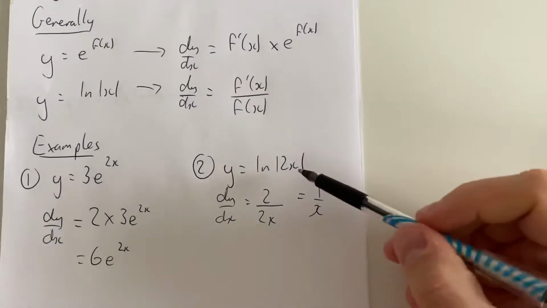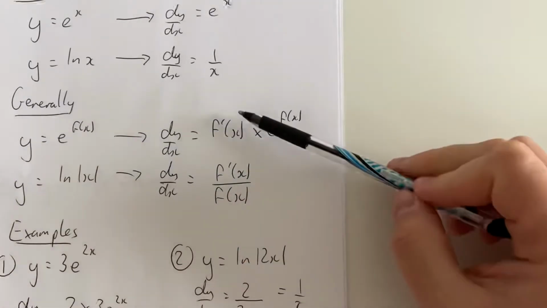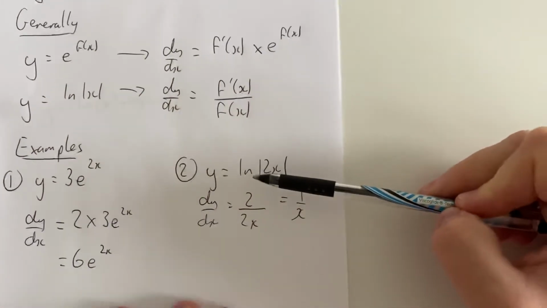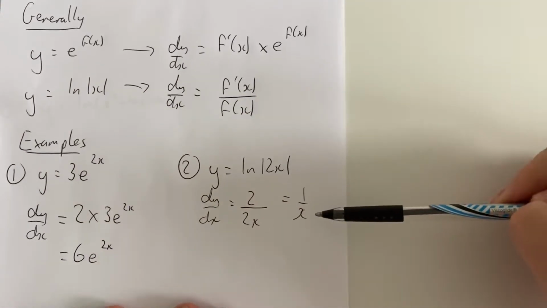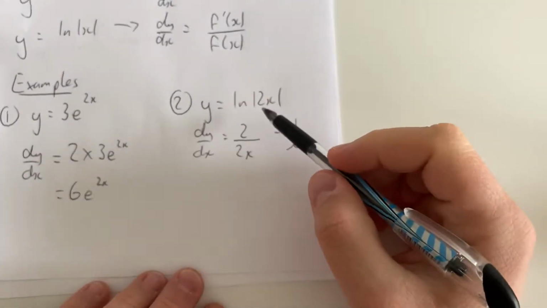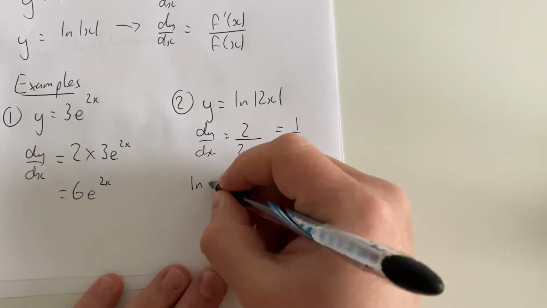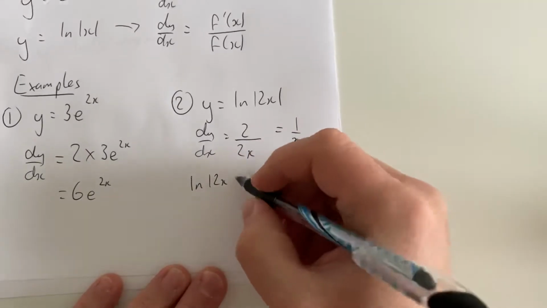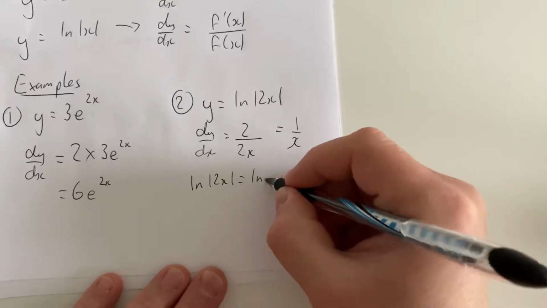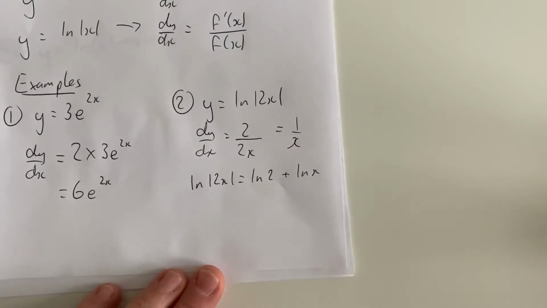Now you might wonder, well, why does log of x differentiate to 1 over x and log of 2x also differentiate to 1 over x? Now, if you hopefully have looked through your log laws that we did before, then you could say, actually, well, the natural log of 2x is equal to log of 2 add log of x.